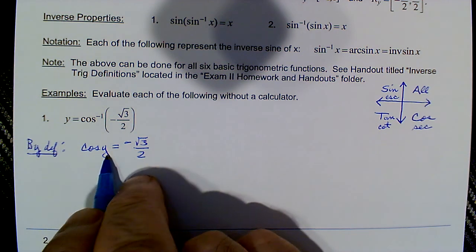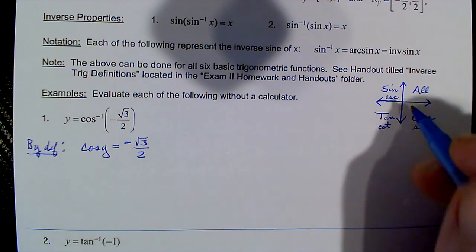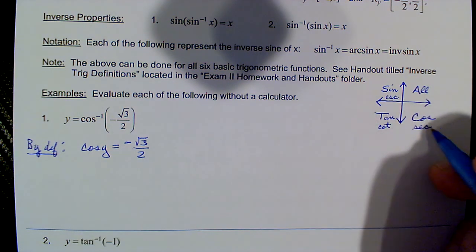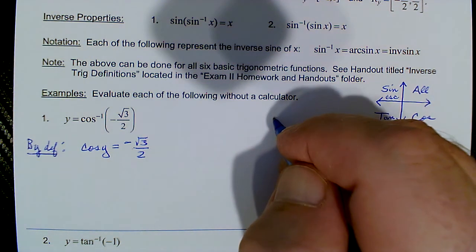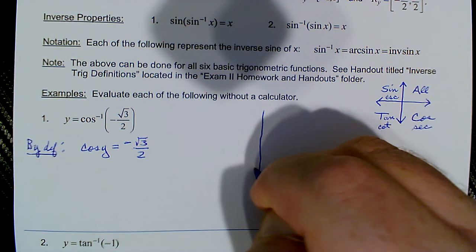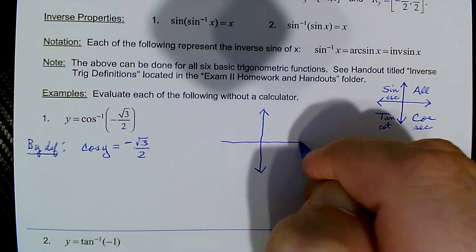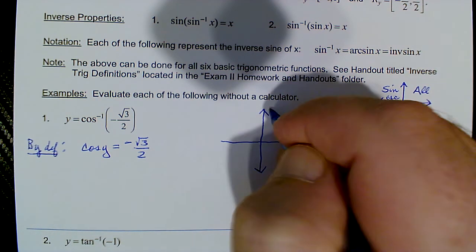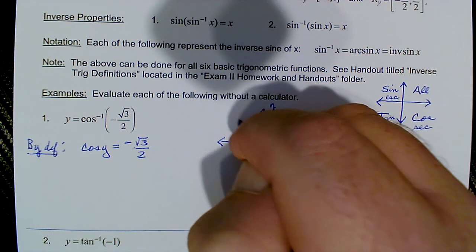And so since the cosine of this angle is a negative number, that means we can be in quadrants 2 or 3, because cosine is positive in the first and fourth. So what we do is we draw in the Cartesian system, draw angles, one in quadrant 2 and one in quadrant 3.